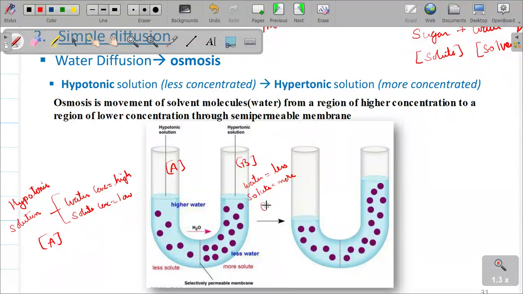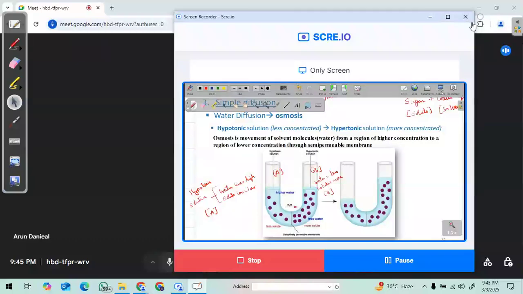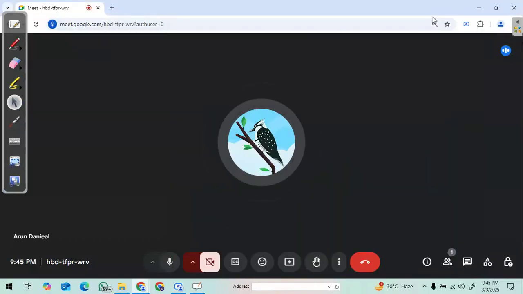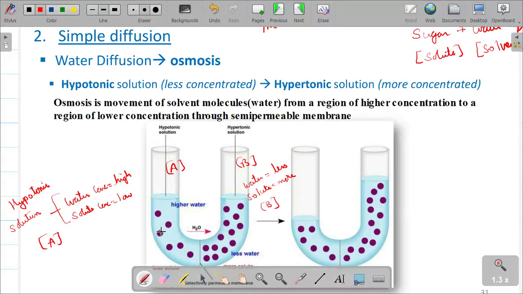In this one, solute concentration is more. So osmosis says that water molecules move from higher concentration to a region of lower concentration. Here water concentration is very high, here it is very low. As a result, the molecules go from cell A to cell B.